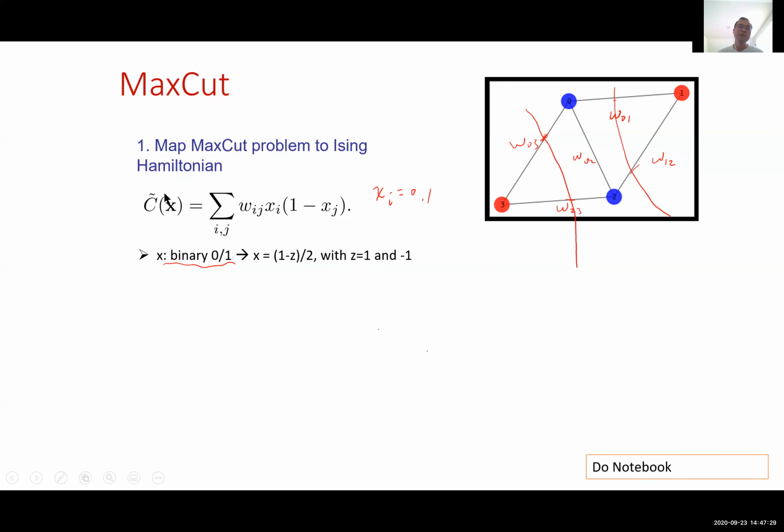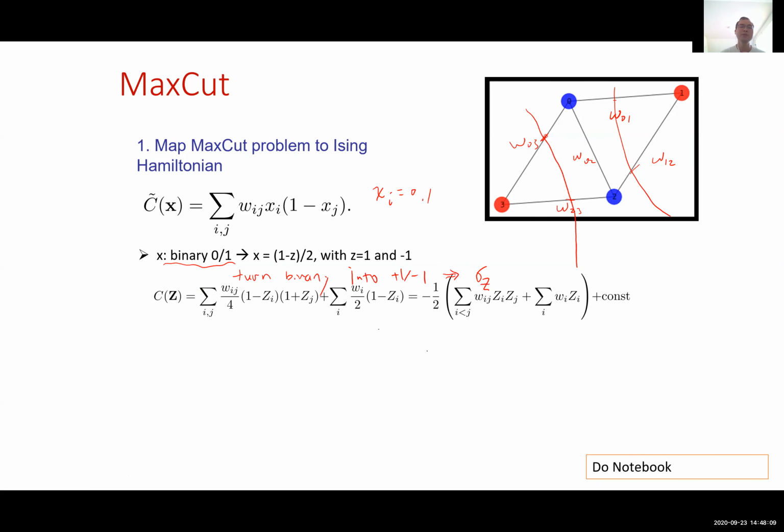The detail of how you define the problem is not that important, as long as you can find a way to write it into some cost function involving these binary variables. Then the next step is to turn the binary variables into plus minus 1, because in our quantum computer, we have the observable sigma z whose eigenvalues are plus and minus 1.